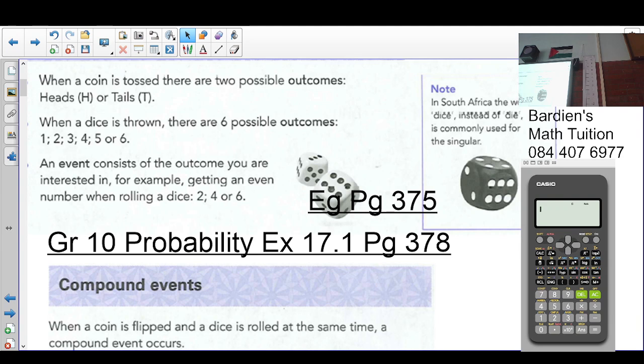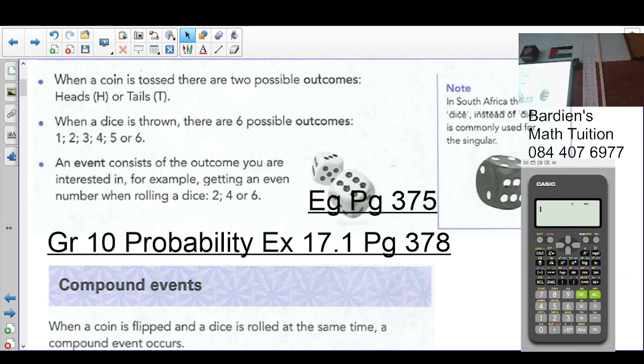So it's basically one die, many dice. When a dice is thrown, there are 6 possible outcomes: it's either a 1, a 2, a 3, a 4, a 5, or a 6. An event consists of the outcomes you are interested in. For example, getting an even number when rolling a dice, which is 2, 4, or 6.